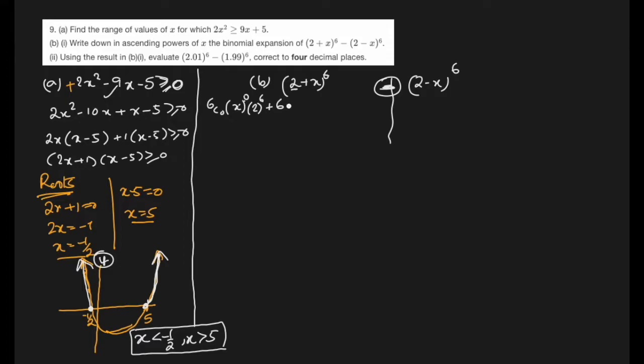Now in subsequent terms, we'll keep on increasing the exponent of x by 1 and this number by 1, and reduce these exponents by 1. So 5 plus 1 is 6 again. Third term, 6C2 x to the power 2, 2 to the power 4. And let me complete this as well as the next one.